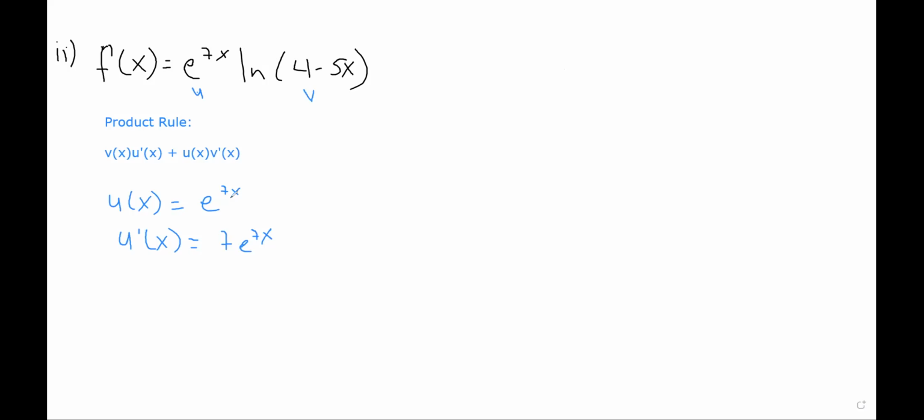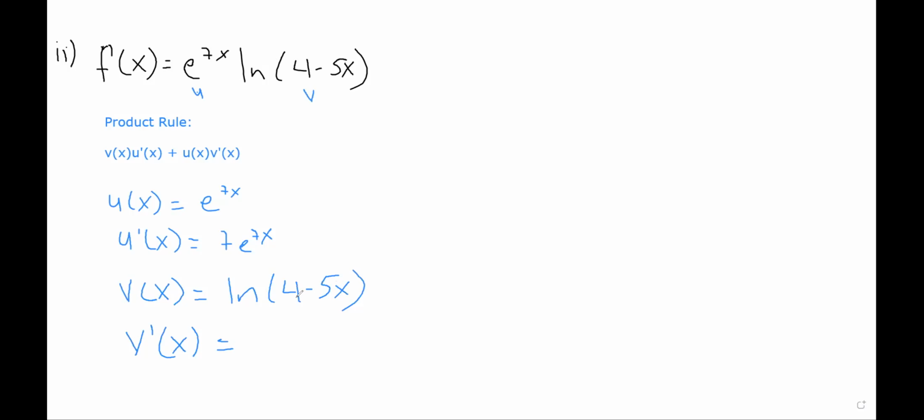And then we now find our v prime. So we say our v of x is equal to ln bracket 4 minus 5x. Now we need to find our v differential x. Because it's an ln, based on the rules of differentiation, to find the differential of something in ln form, we find the differential of what's in the brackets and divide that by what's in the bracket.